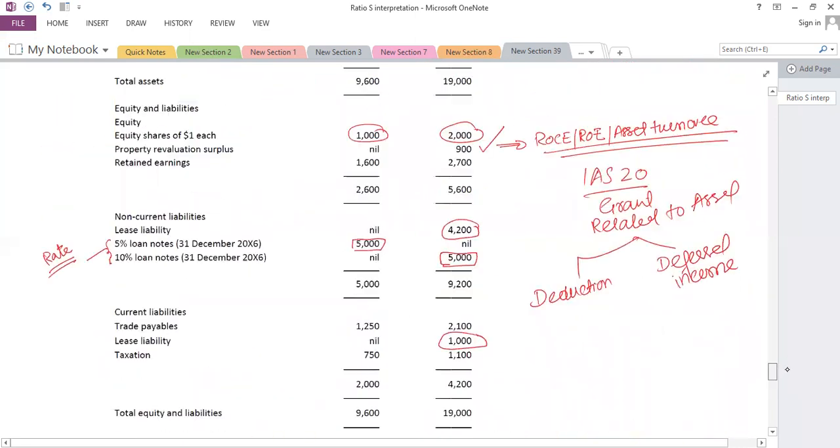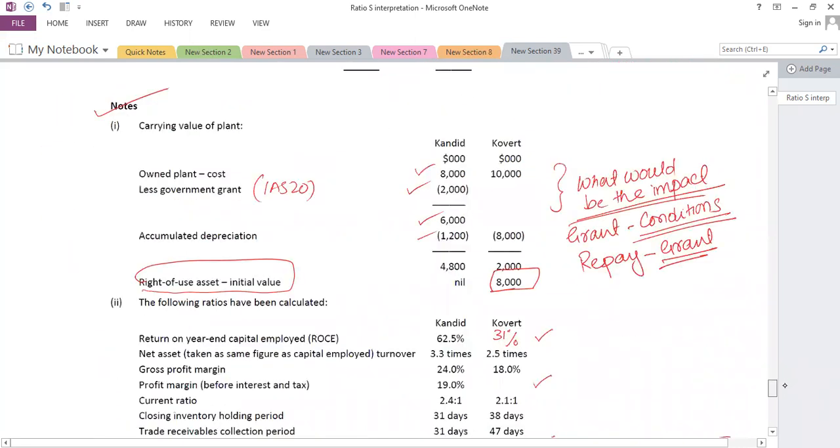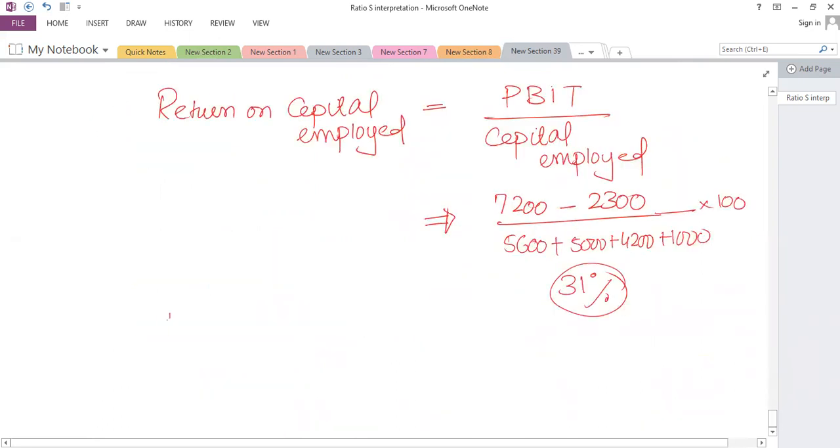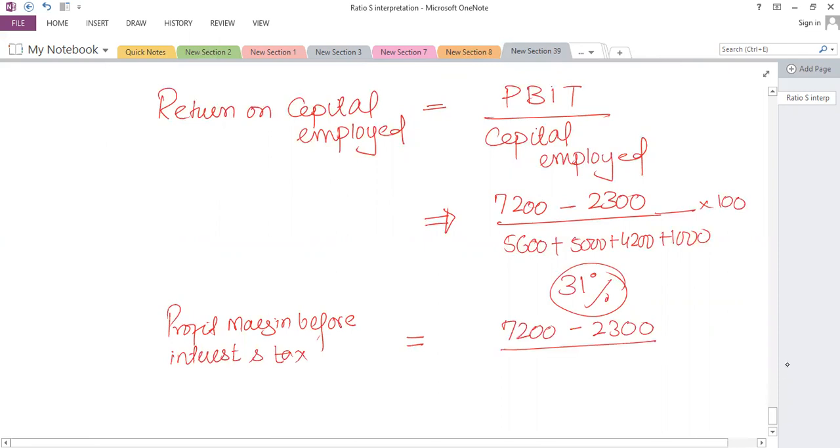The second ratio is profit margin before interest and tax. What it means? It means operating profit margin. So the operating profit we have is 7,200 minus 2,300, and we need sales, we need revenue.